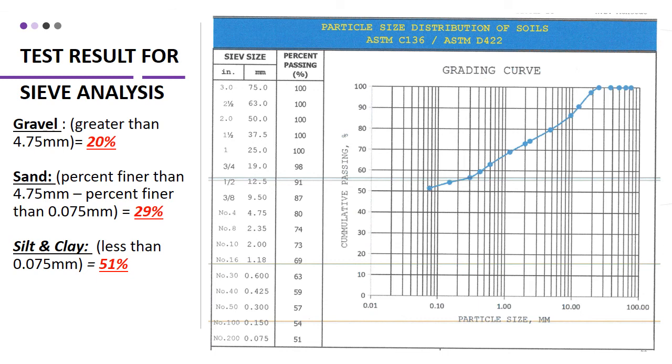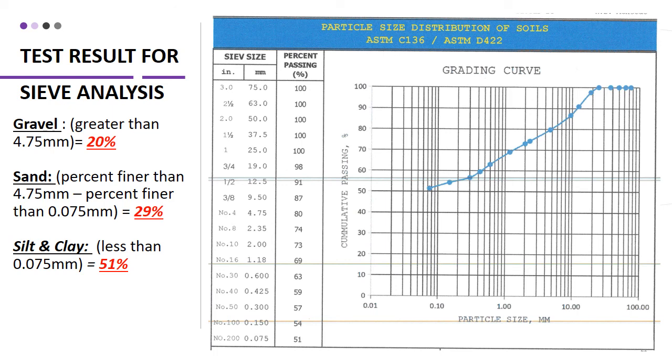So first we have to identify the percent passing or percent finer at 4.75 millimeter opening sieve or sieve number 4. So we have here that is 80. So we will subtract from that the percent passing at sieve number 200 or 0.075 millimeter opening sieve, which is 51%.